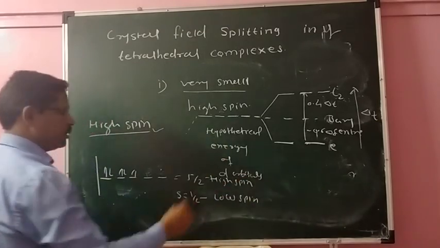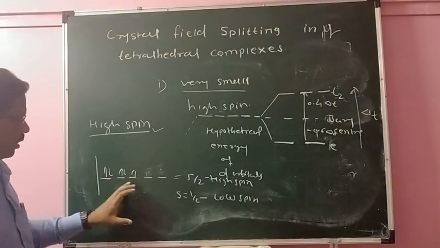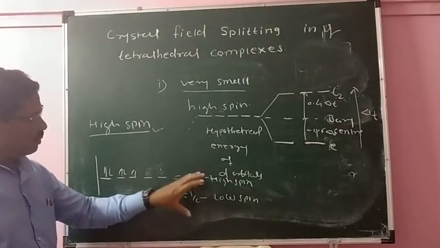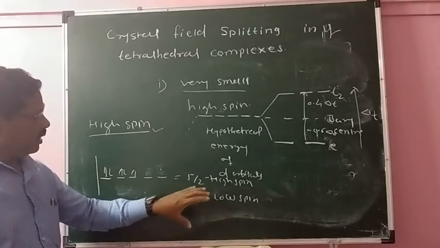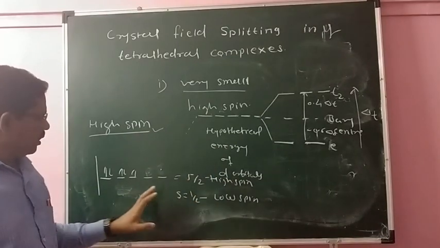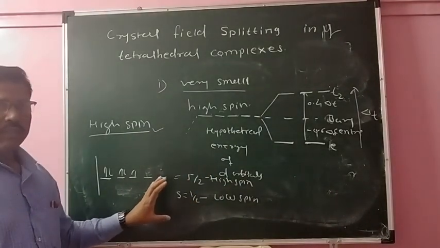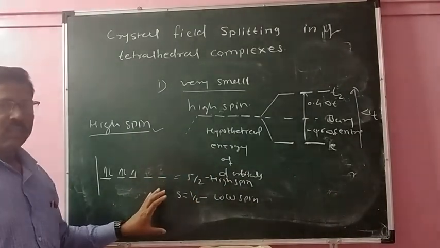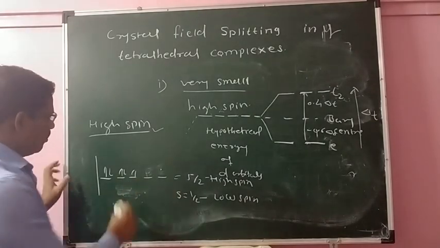What is meant by high spin complexes? All the electrons are unpaired in the E and T2 orbitals. If the electrons are paired in d orbitals, it is known as low spin.